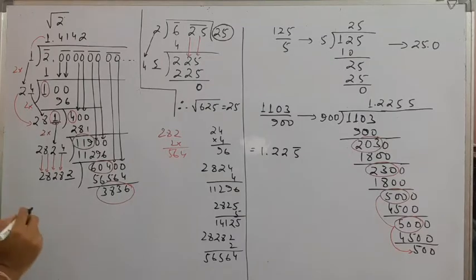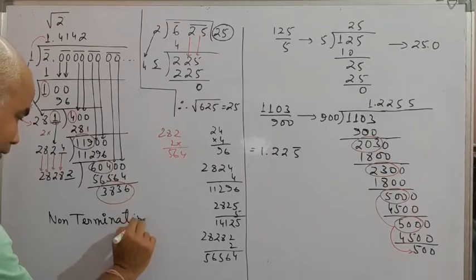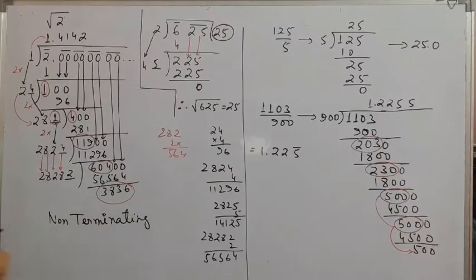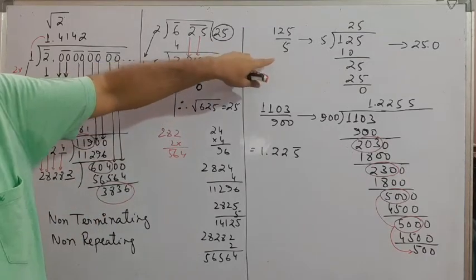What is this new form of decimal? Non-terminating, means there is no end, and non-repeating, no repetition. Clear?